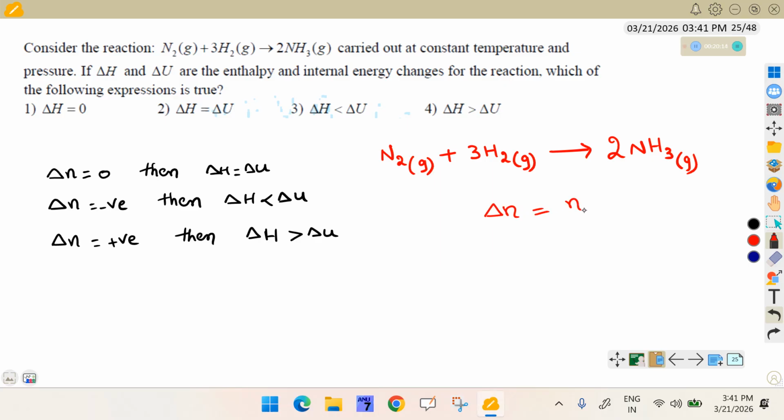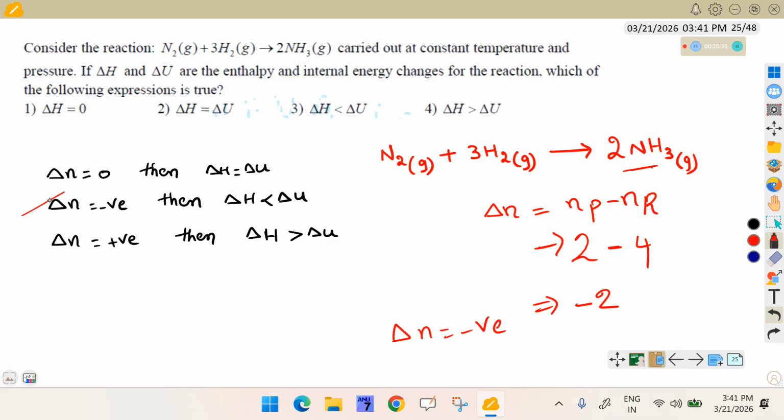Delta n is equals to n products minus n reactants, only for gases. Number of moles of gaseous products 2. Number of moles of gaseous reactants 4. 2 minus 4 is minus 2. Delta n value is negative. Then delta H is less than delta U. Third option is correct option.